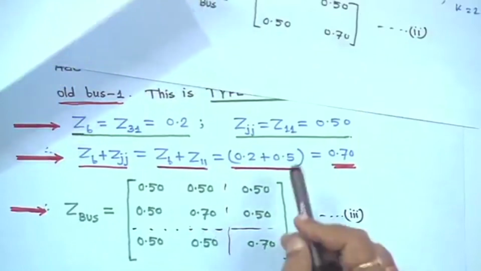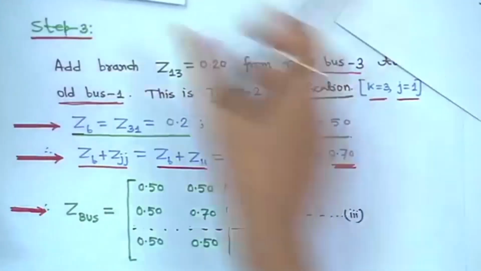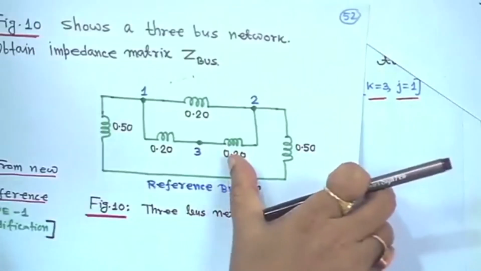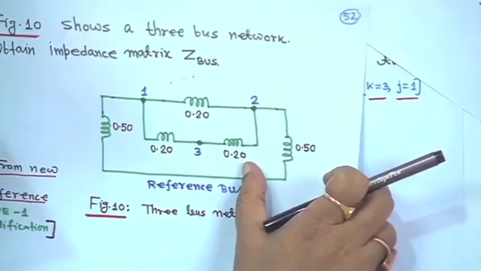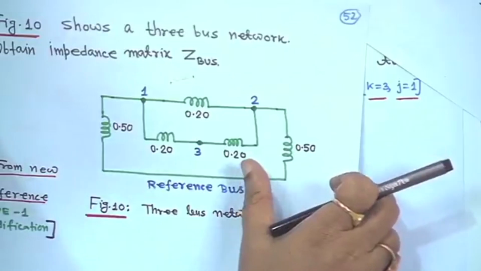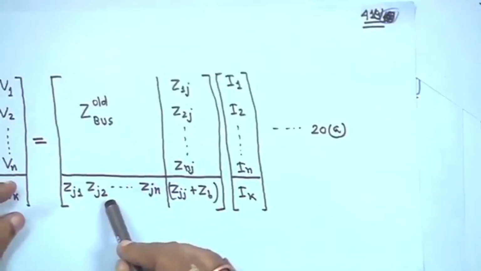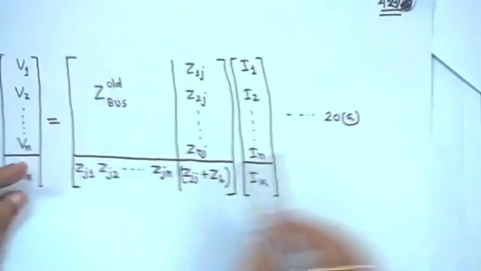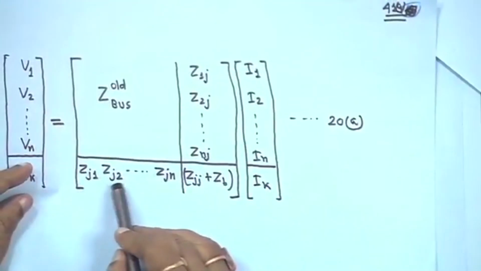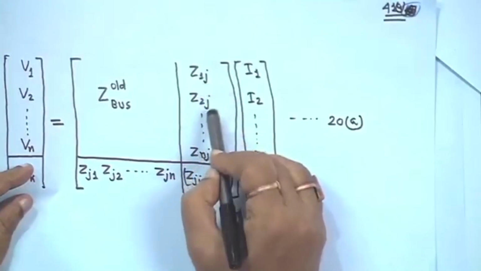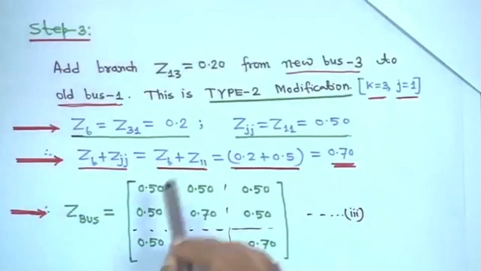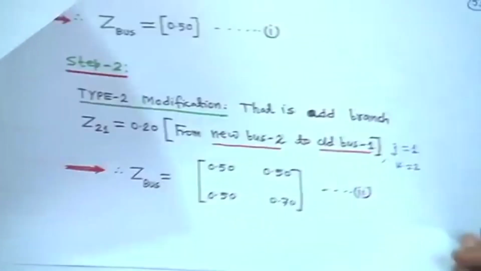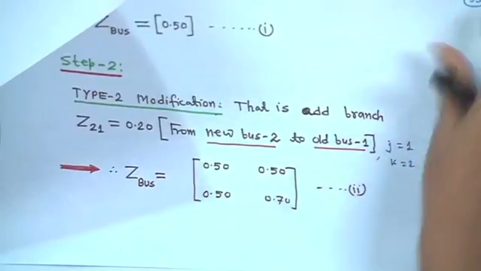For the next step, you have to consider in this network all the nodes and the reference bus impedance also. So when j is equal to 1, because the dimension is increasing, k is 3 and j is 1. You already have Z12 and Z21 as 0.5, 0.5.